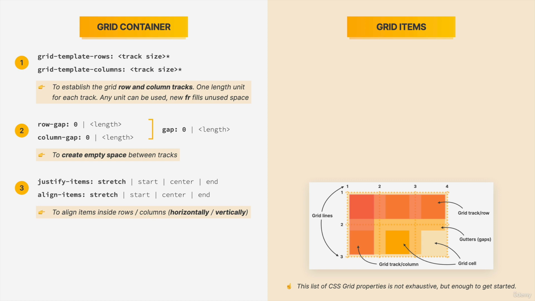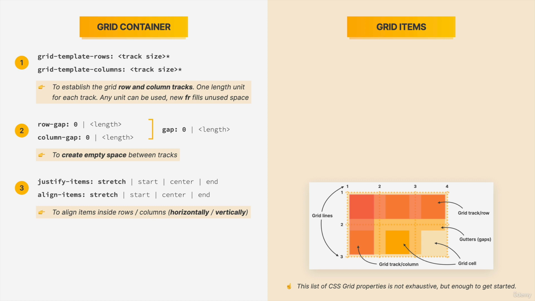So in other words, horizontally and vertically. So just like before, I have the default value for each of the properties and a short description. So I think it would be very helpful for you if you could print out this overview kind of as a cheat sheet so you can have it handy whenever you start writing your own CSS Grid code.